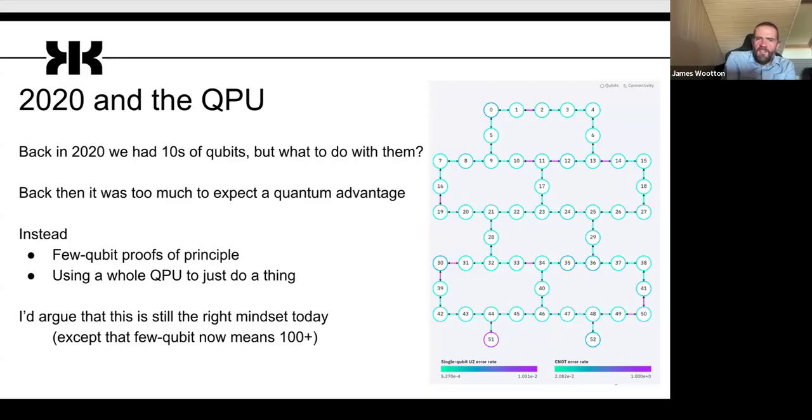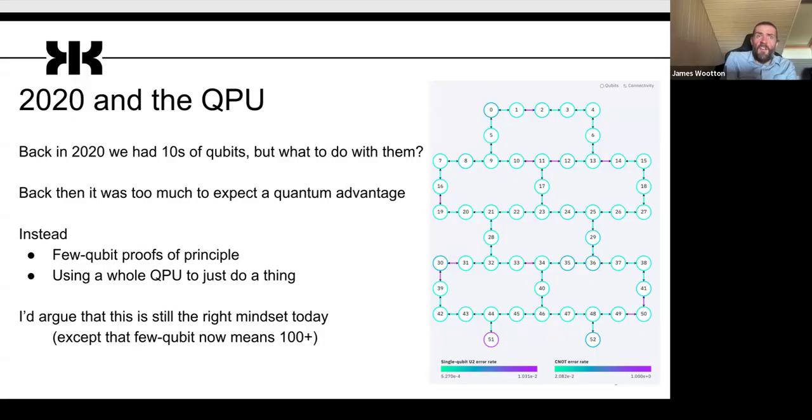At the time, when we had tens of qubits, we didn't really know what to do with them. And back then, it was too much to expect a quantum advantage. You didn't have people claiming quantum advantages all the time. So what did you do back in 2020? Well, one thing that people often used to do was few qubit proofs of principle. They would think, I want to do this financial thing on a fault-tolerant quantum computer.